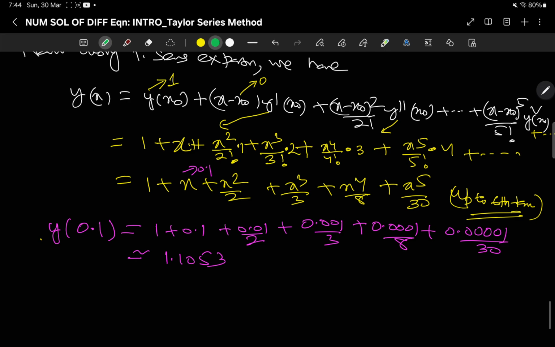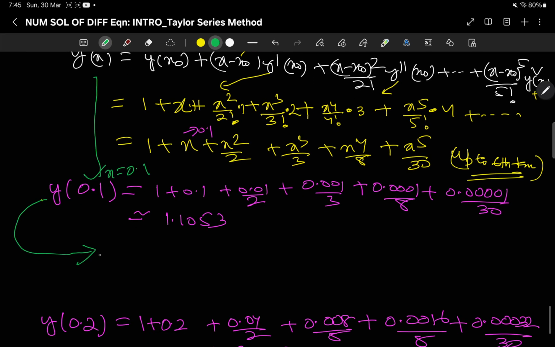So here we directly substitute x is 0.1. If I want to think of the iterative scheme, we can apply y of x1 alternatively.